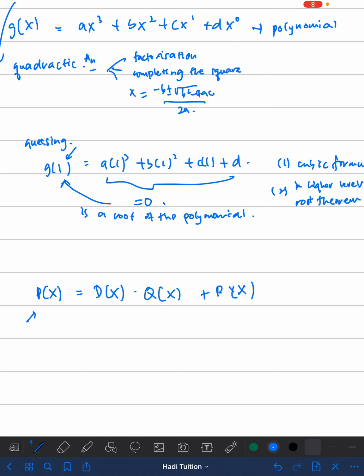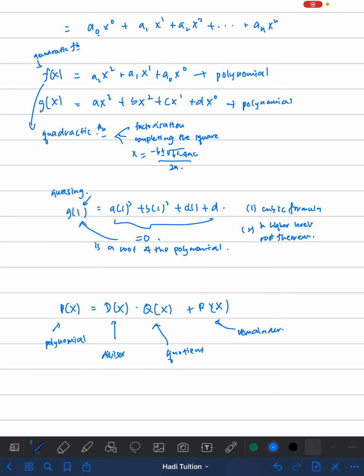So this is the polynomial, this is the dividend, the divisor, and this is the quotient, and finally the remainder. This is especially important because you can use this to find the roots of a polynomial.